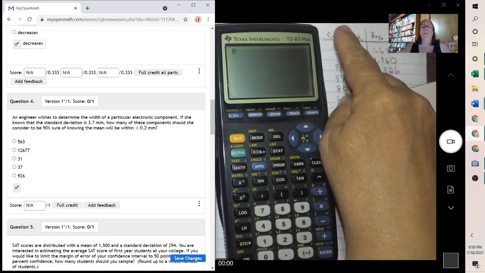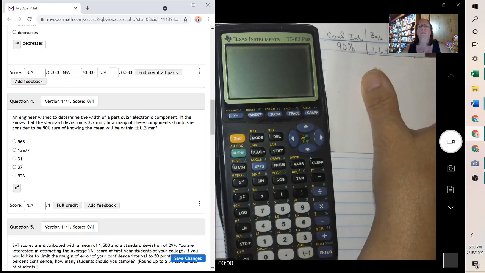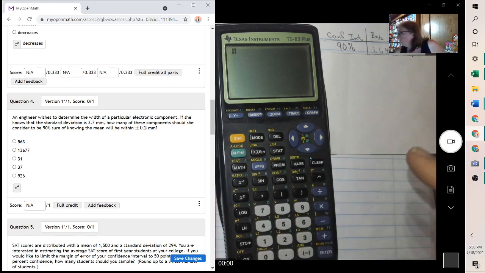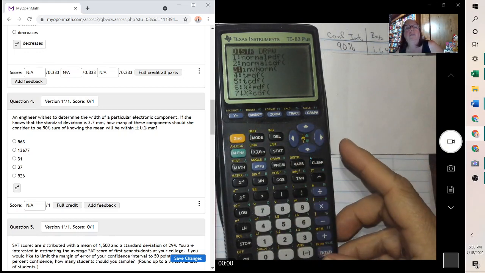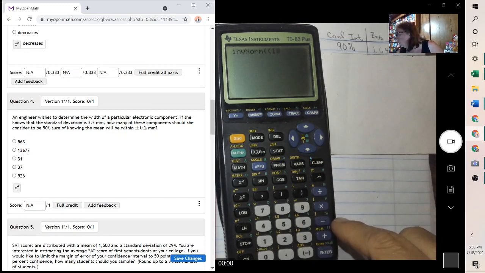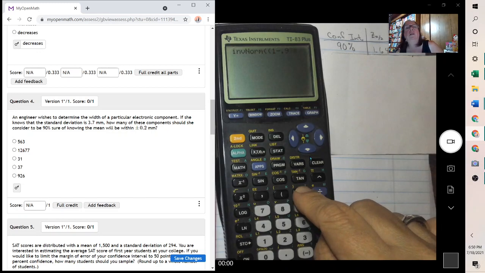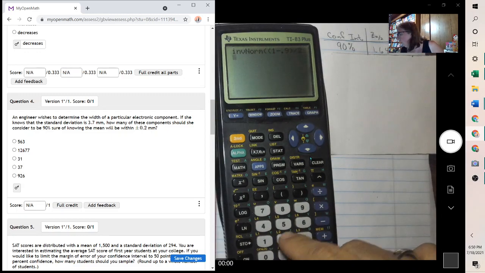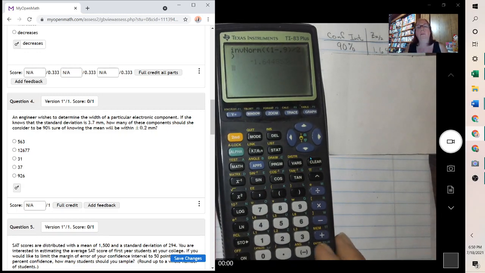We could use this estimate, but then it will be a little bit off. So we're going to go second, distribution, down to inverse norm. Put a parenthesis, and you want 1 minus 0.9 because that's your confidence interval. That gives us alpha, close your parenthesis, and divide by 2. So then you have alpha over 2.